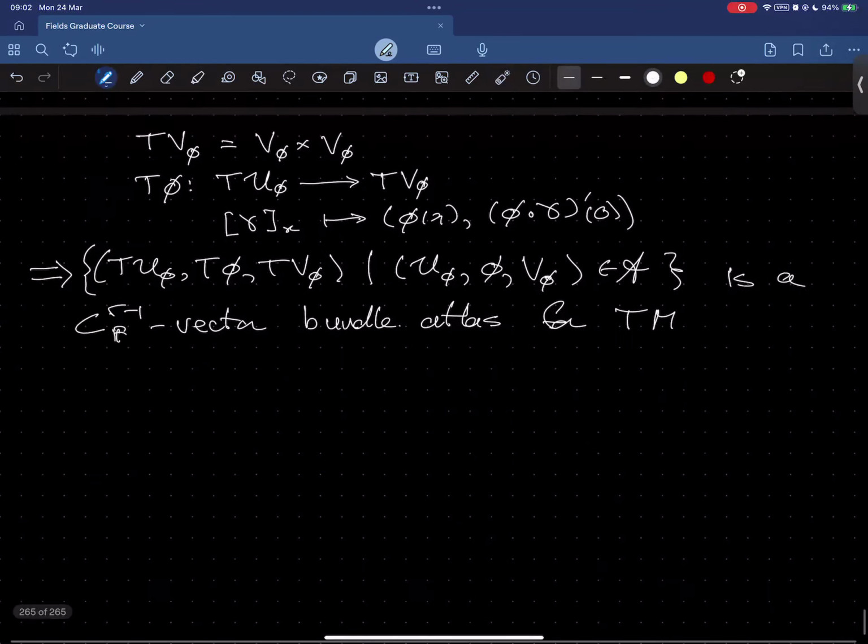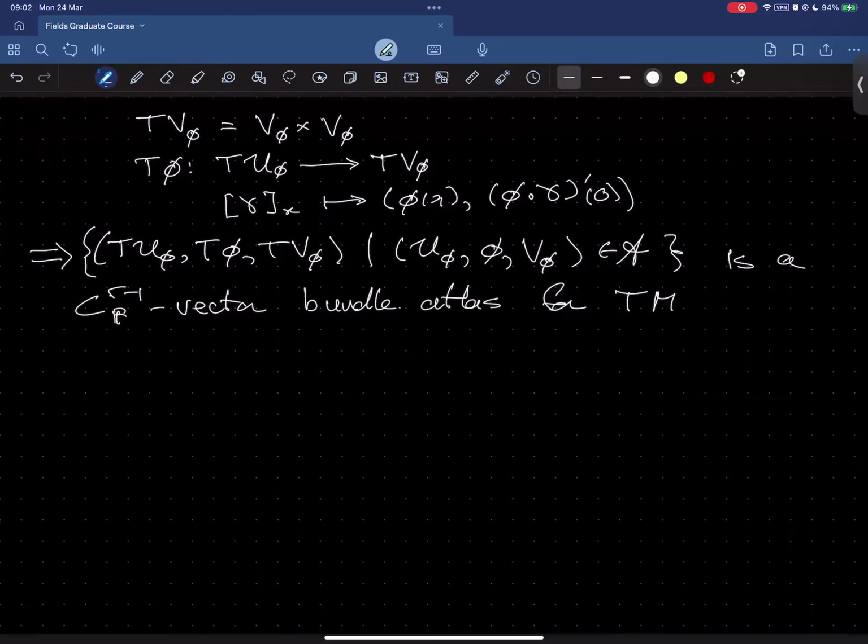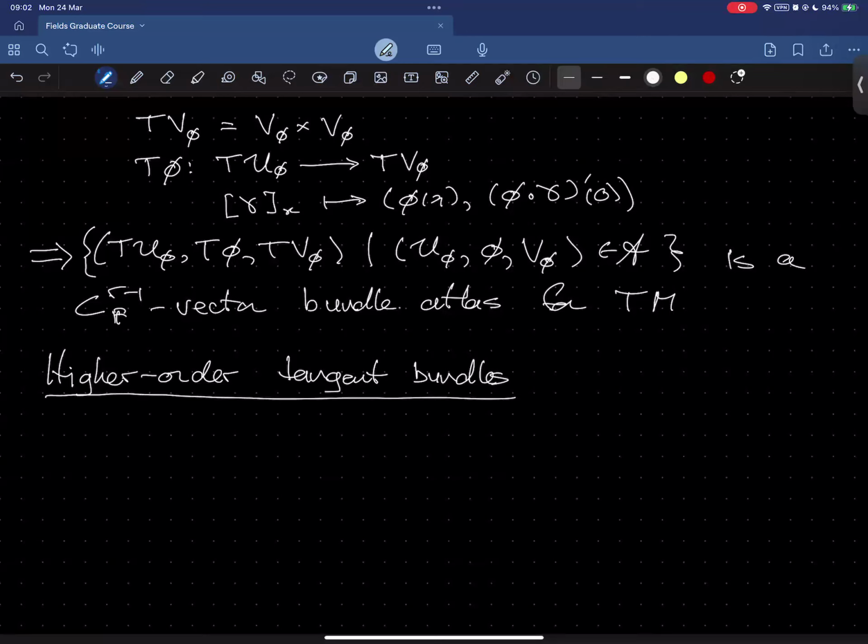So now we'll start talking about what are known as higher order tangent bundles. All right. So the idea here is rather like the idea for a tangent bundle, except you consider more derivatives than the first one.